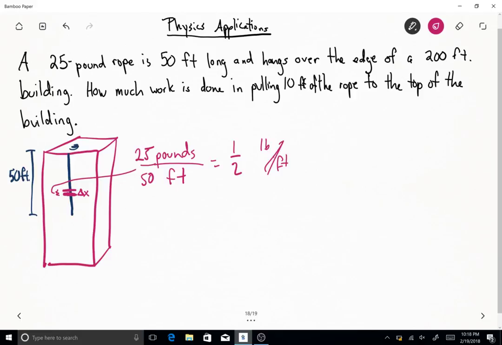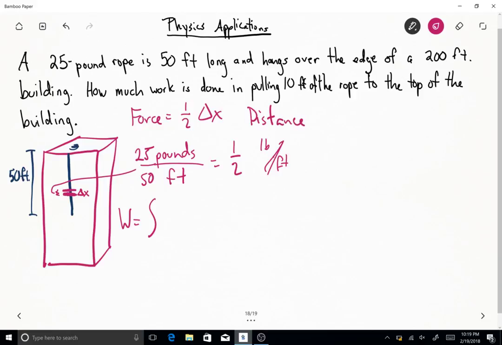Now what we need to do is also integrate. That's how we get our work formula going here. So work will equal, in this case, what's happening thus far is we get a force. Our force would equal 1/2 times our delta x, which we'll find out as dx, and then force times distance gives us work.